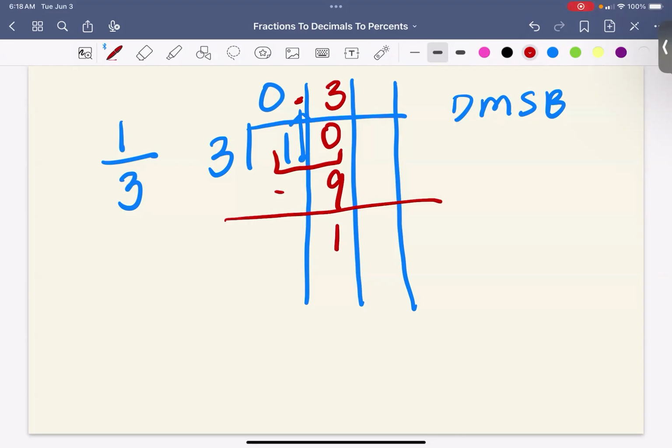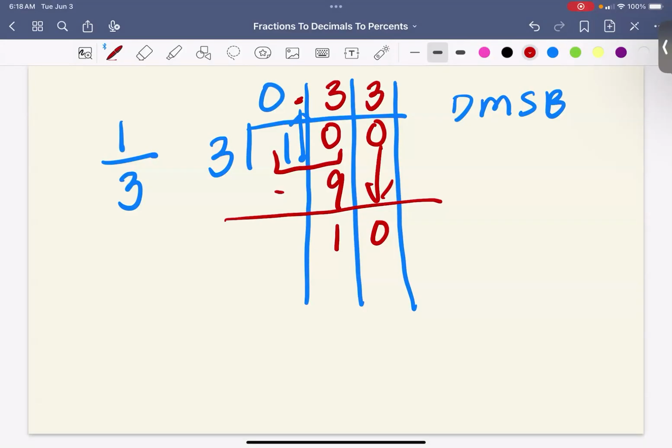Now I want to keep dividing. So I'm going to add another 0. Bring that 0 down. So I'm seeing I'm getting 10 again. So this is going to repeat. If I were to continue, 3 into 10 is 3, because 3 times 3 is 9.